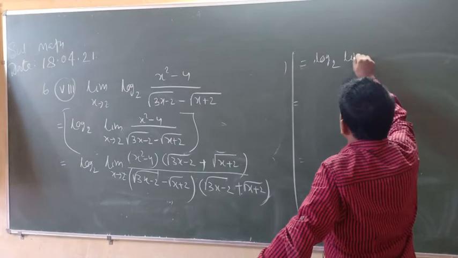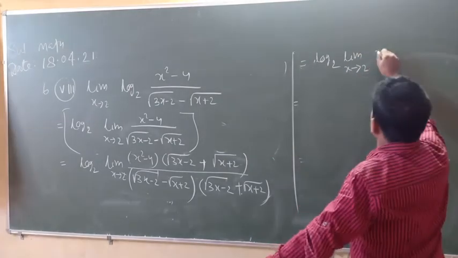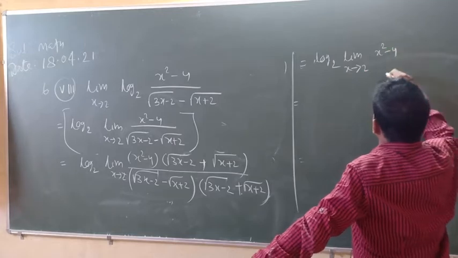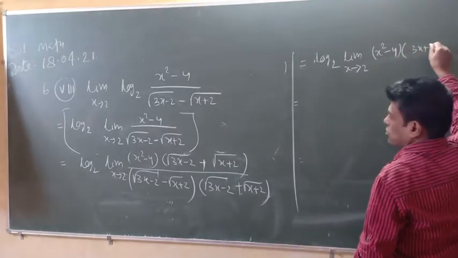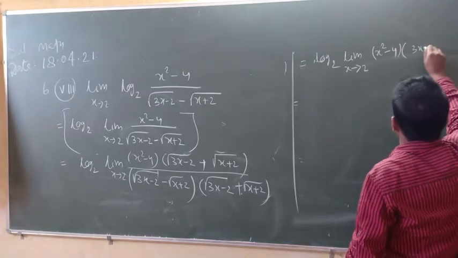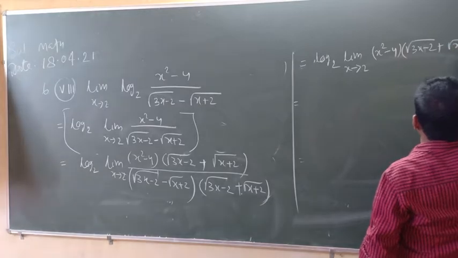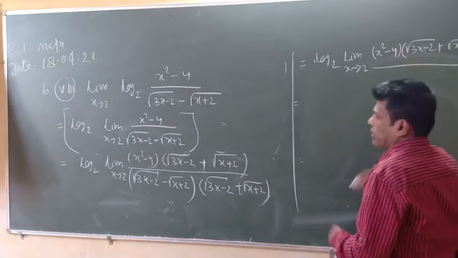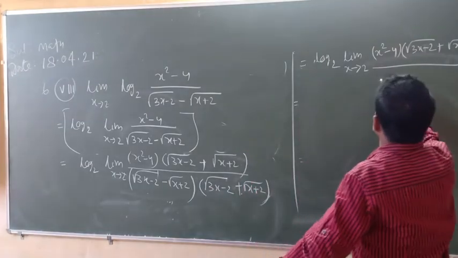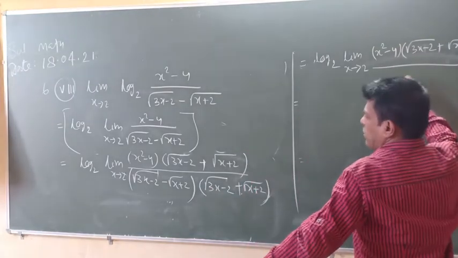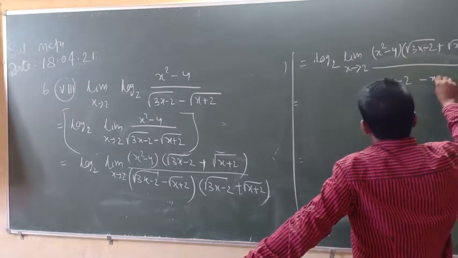Then limit x tends to 2, x square minus 4 whole into root of 3x minus 2 plus root of x plus 2, divided by a minus b whole into a plus b, that becomes 3x minus 2 minus x minus 2.